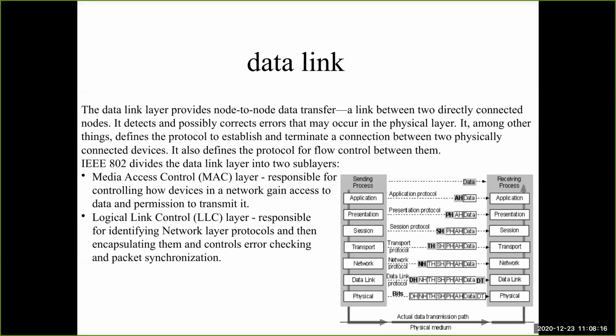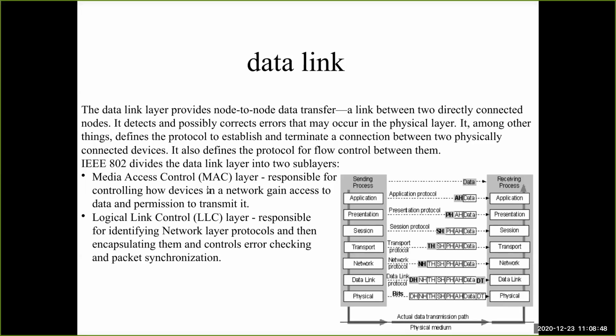But what else? If my device is connected to several nodes, I need to be able to select the proper node I want to send data to. And in the data link layer, every node has a unique address, which is called media access control, so MAC address.